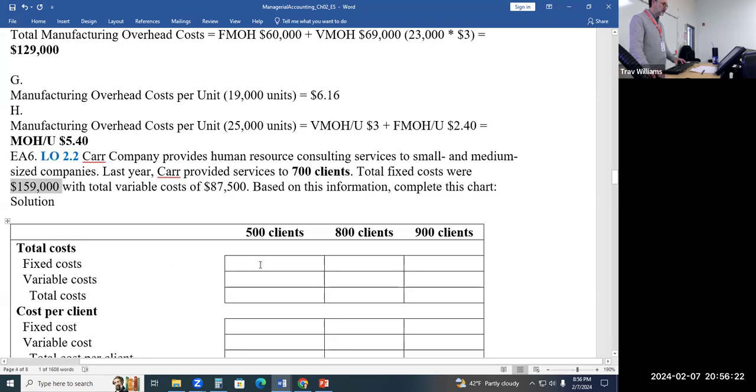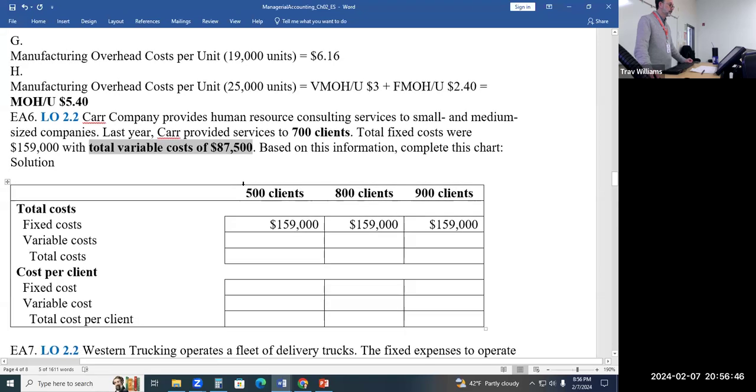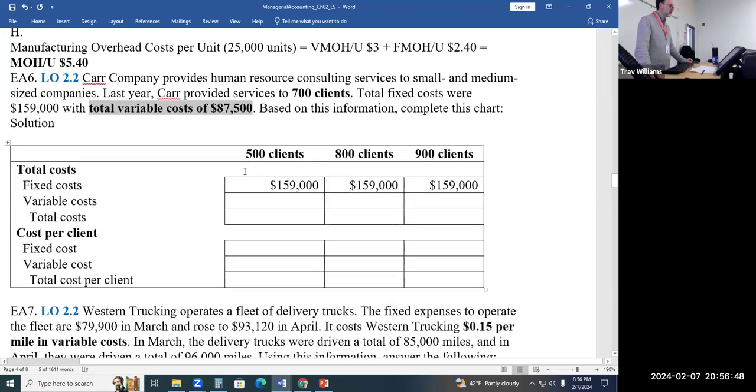I'm going to put that here under fixed costs because we know those total fixed costs stay the same at every production level, right? And it says the variable costs were $87,500. Okay, but remember that's based on 700 clients. So with that information, how would we calculate our variable cost per client?